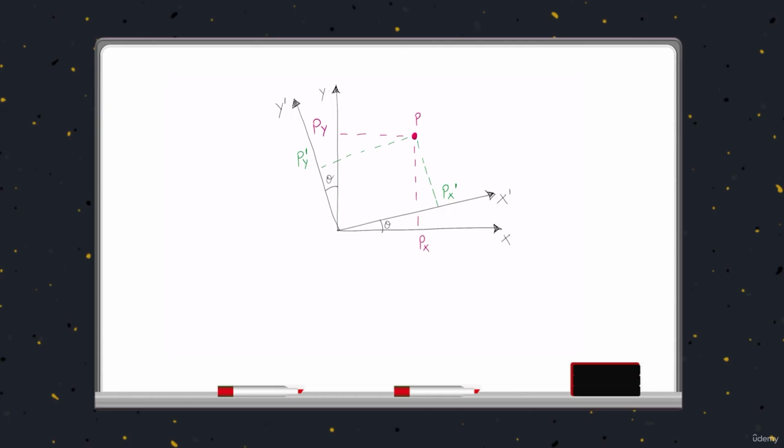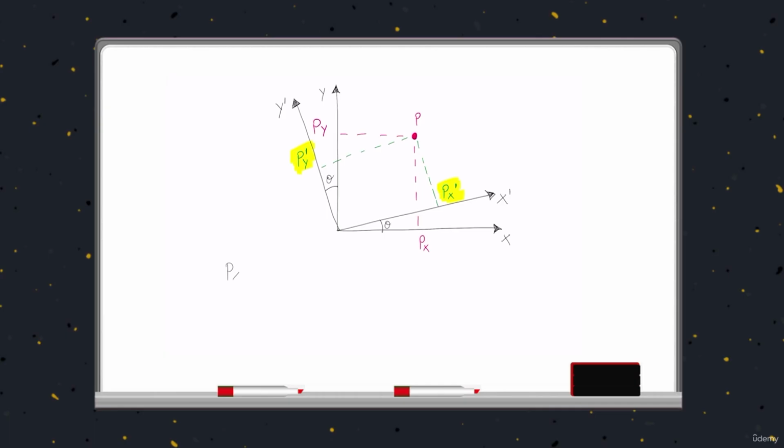After this introduction, let's now state the problem that we want to solve. Let's assume that we know the position of the point P in the rotated reference frame, and so let's assume that we know the coordinates px' and py'. For example, these have been provided by a sensor of the robot.